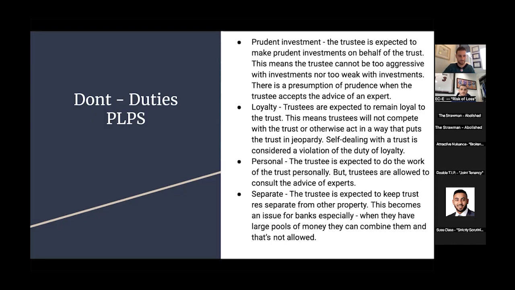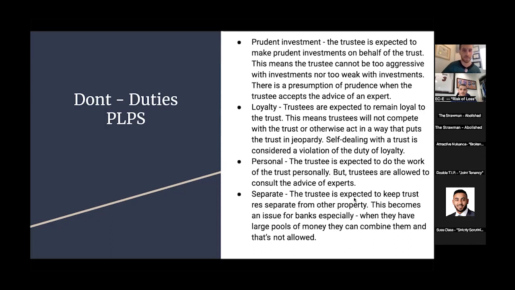When a bank pools all of the money from all of their different clients together and they invest it in one lump sum into one big investment, that can be a problem for keeping the trust property separate. They want to make sure there's always one lump sum of money that says this is what the trust actually is. They do some funny accounting things to make it happen, but they want to make sure they keep it separate legally. Any questions about these duties?